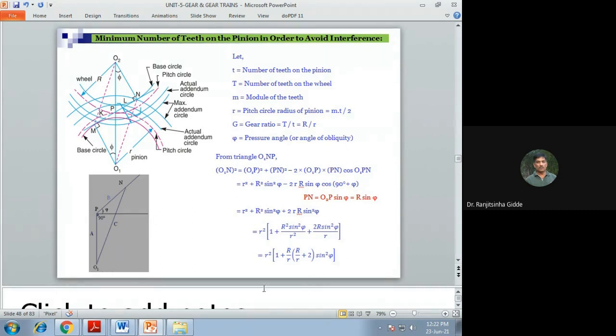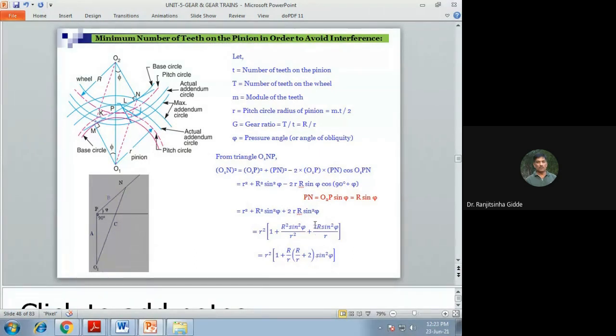Okay. Now r square as it is here, 1 as it is. From these two terms, we can take r by r as a common. What is remaining from this first term? R by r. Again we have taken sin square phi as a common, so that's why it is outside the circular bracket.